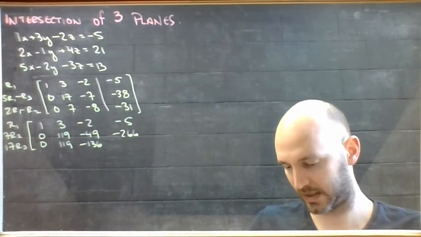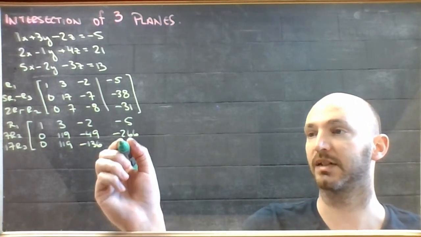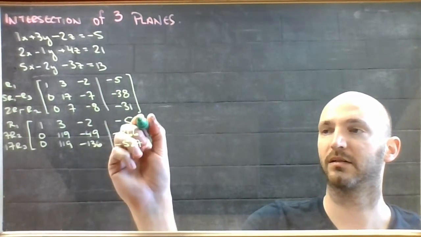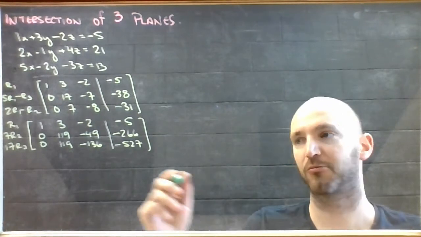And 17 times 31 is 527. Just check my negatives. Okay.